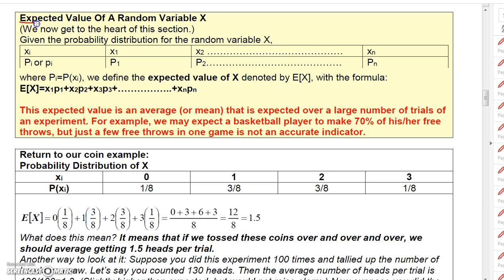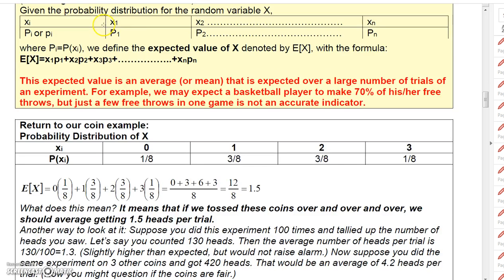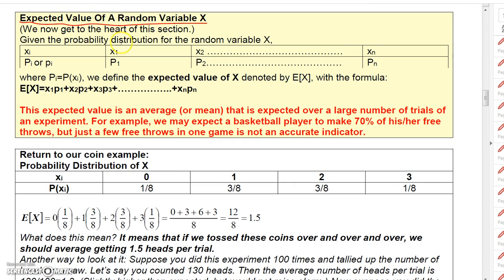We finally get to the area where we can calculate the expected value of a random variable. Basically, once you have the probability distribution, x1 and its corresponding probability, x2 and its corresponding probability, and so forth, then you can get the expected value of the random variable by just summing the products of each x value with its probability.